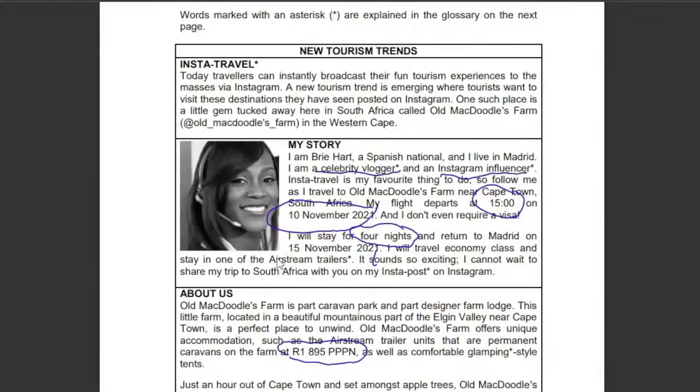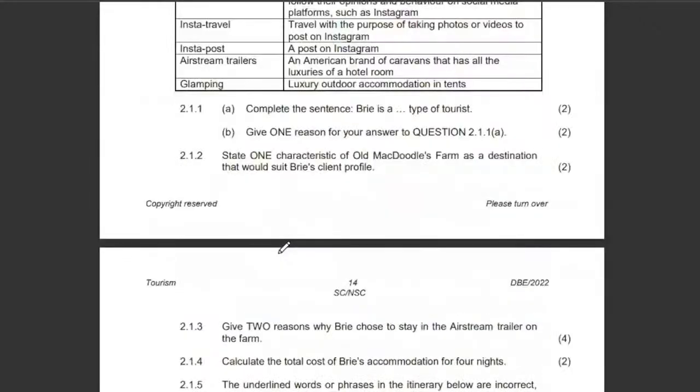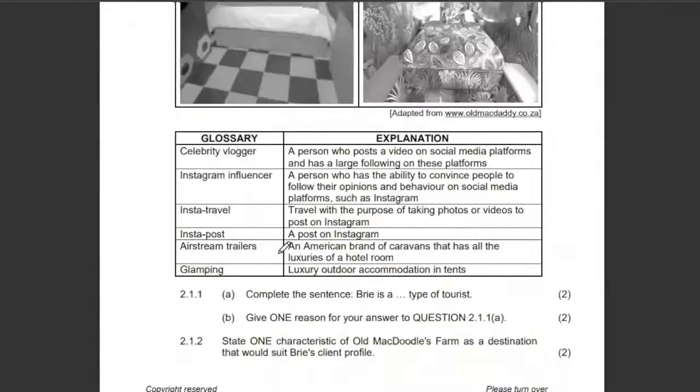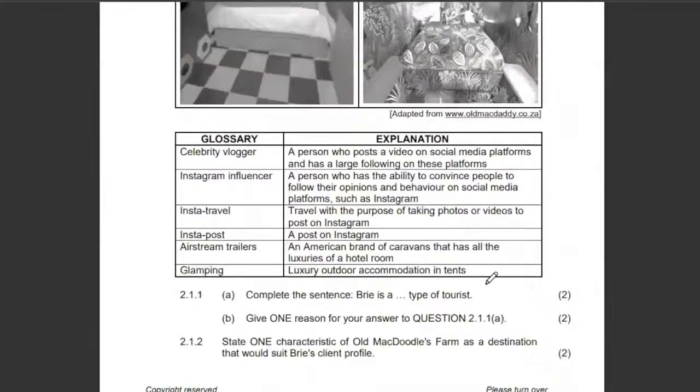So when we go back to our question, we have several options. The first option which we can write is that she is actually a celebrity vlogger. This can be accepted as the first answer.